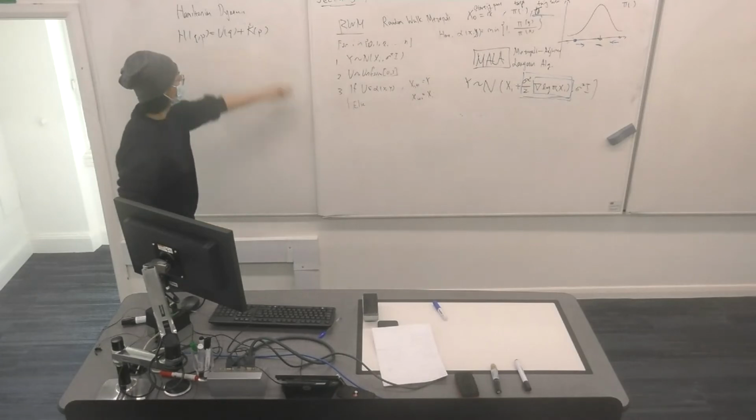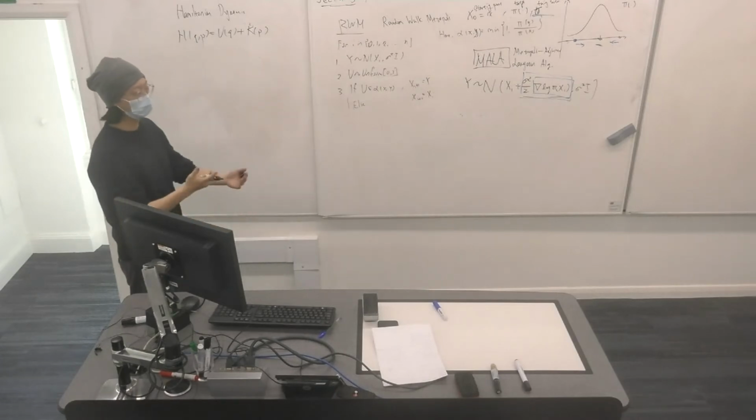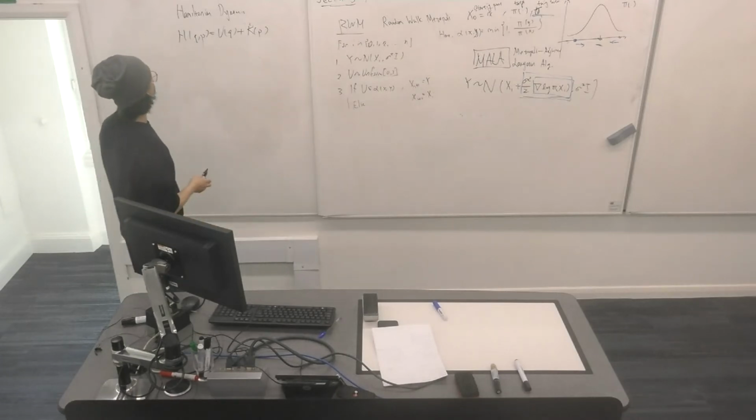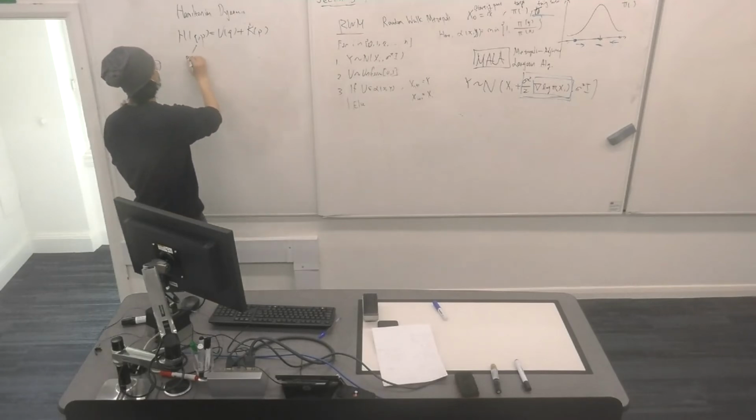Well, this is one particular setting of the Hamiltonian dynamic system. Essentially, this is a Hamiltonian of Q and P, where Q is the position and P is the momentum.